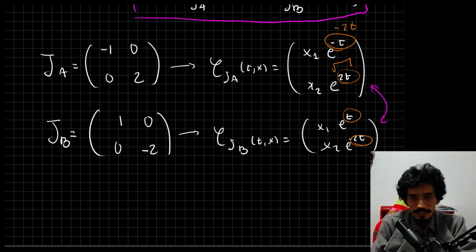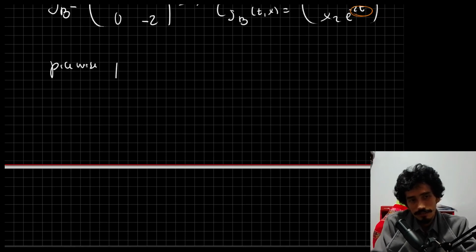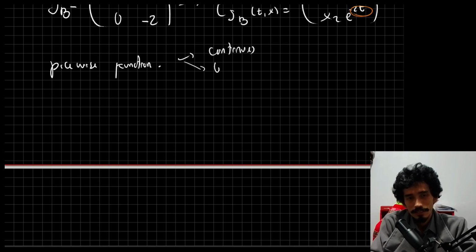The solution that I designed is here. Let me copy it here. It's a piecewise function, and for this piecewise function we need to check that it is continuous, that it is a bijection, and that its inverse is continuous.